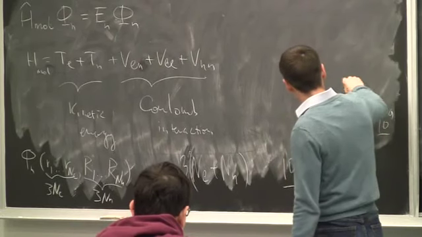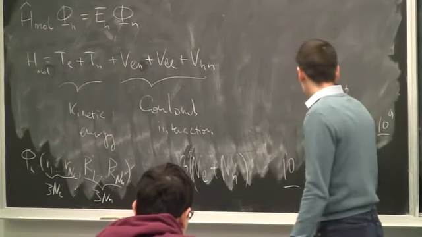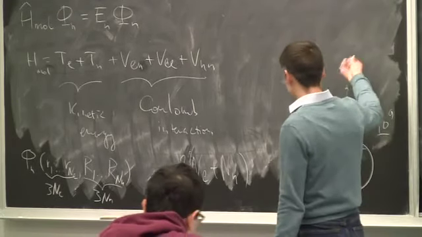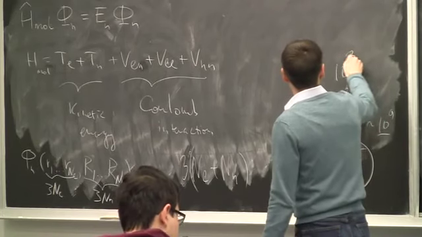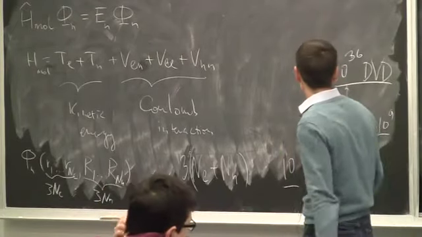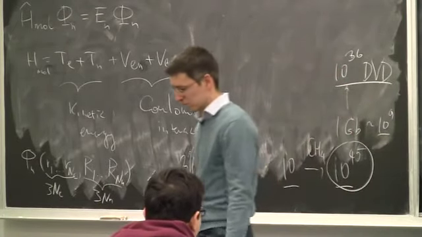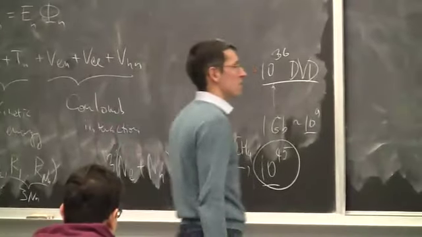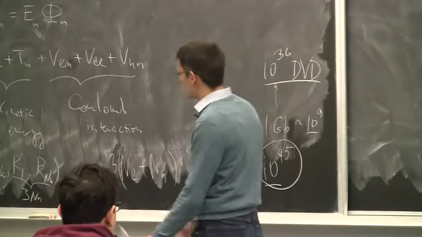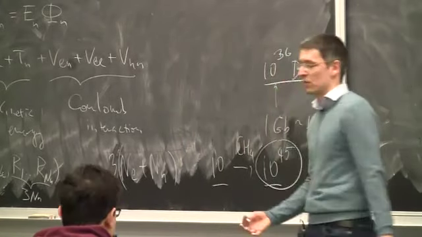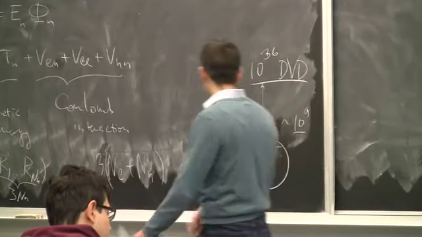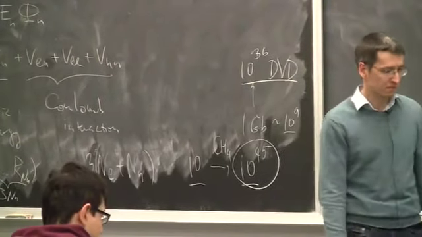Then you can calculate how many DVDs roughly you would need to store this amount of information. 45 minus 9 is 36. 10 to the 36 DVDs that you would need to use, and if one DVD weighs even a couple of grams, or let's say 10 grams, then it's 10 to the 37 grams of matter you need to actually store this information, and probably the weight of the whole Earth is less. I don't know exactly, but probably it's less.